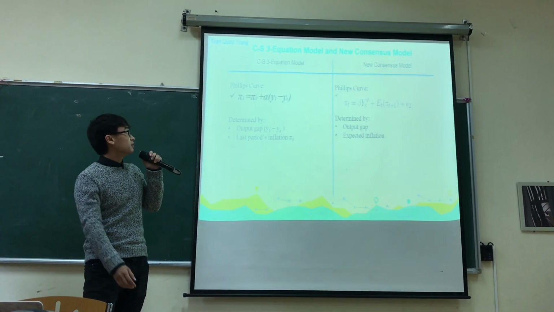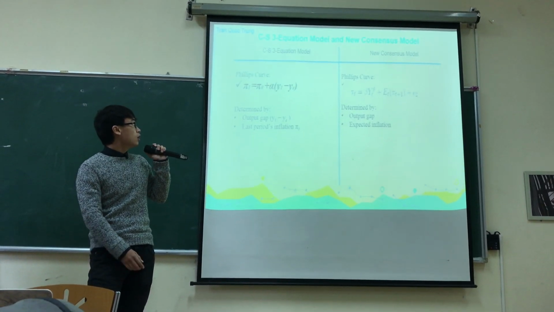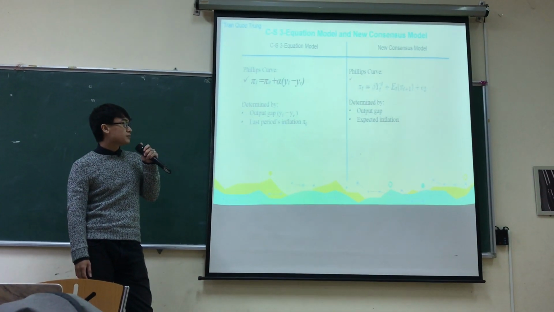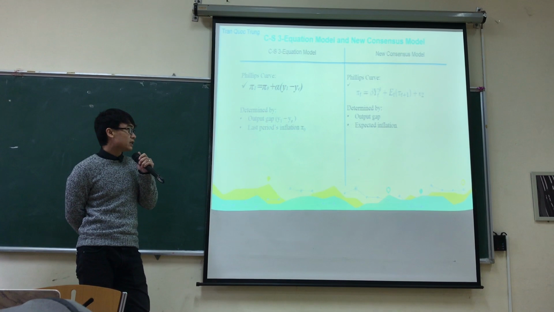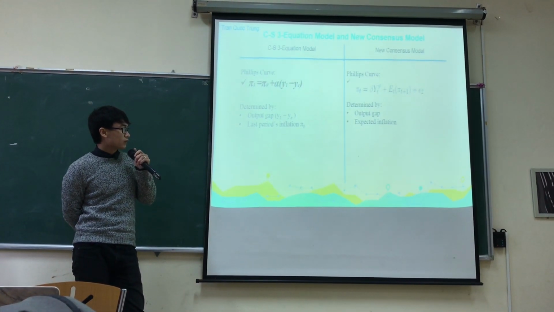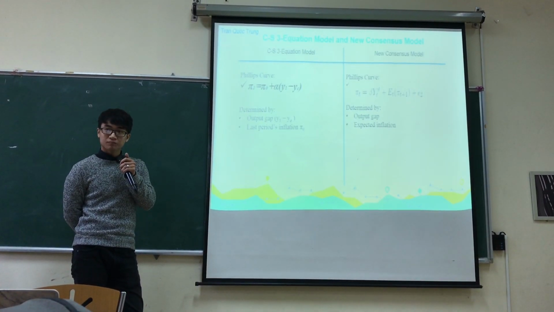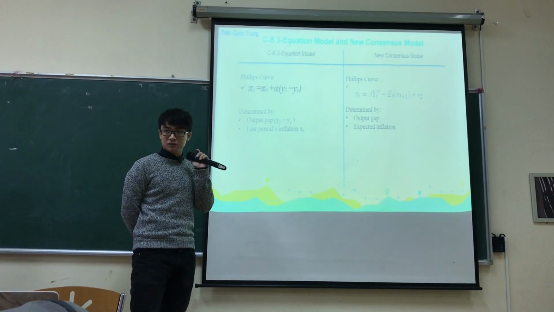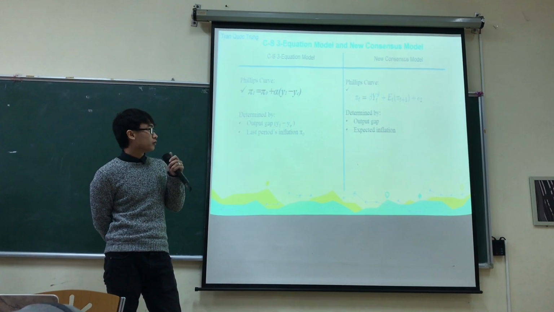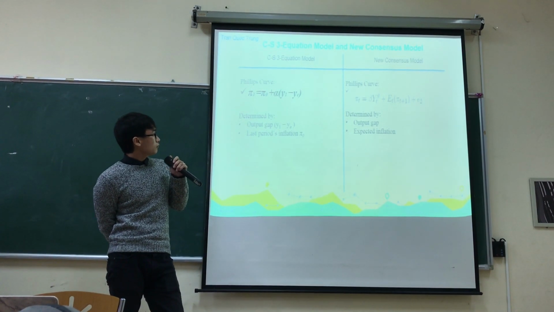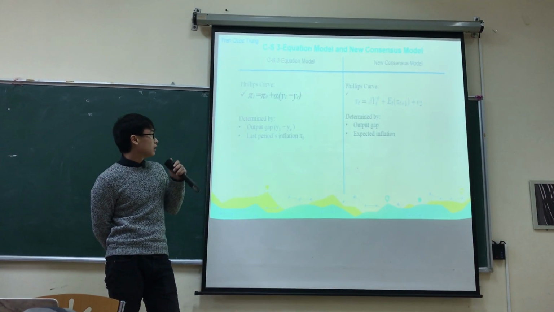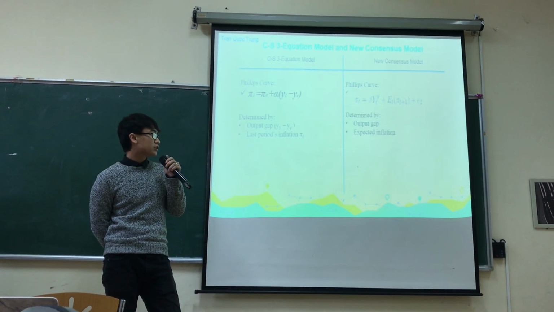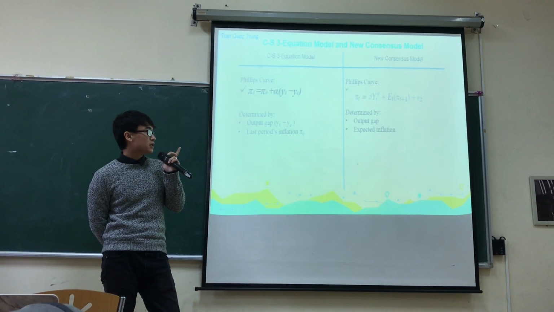With the IS curve of the three-equation model, this equation is determined by the current output gap minus the equilibrium output level, and this is also determined by the last period's inflation.